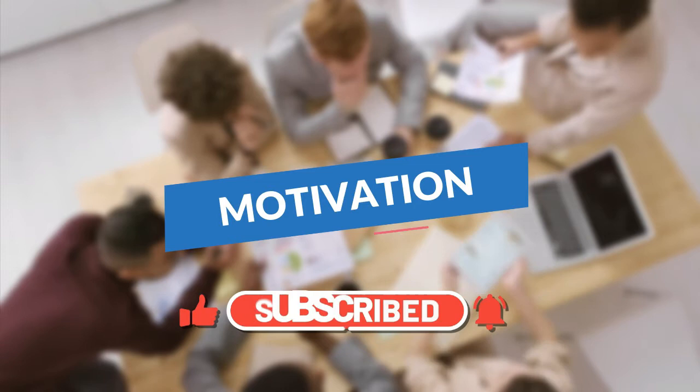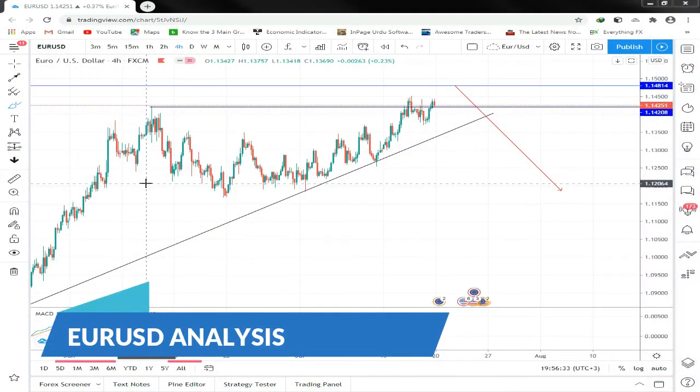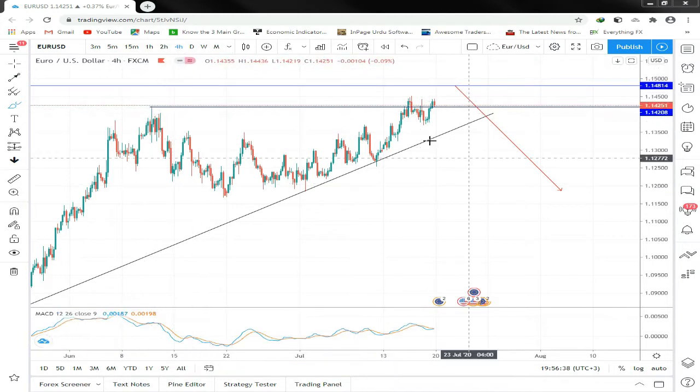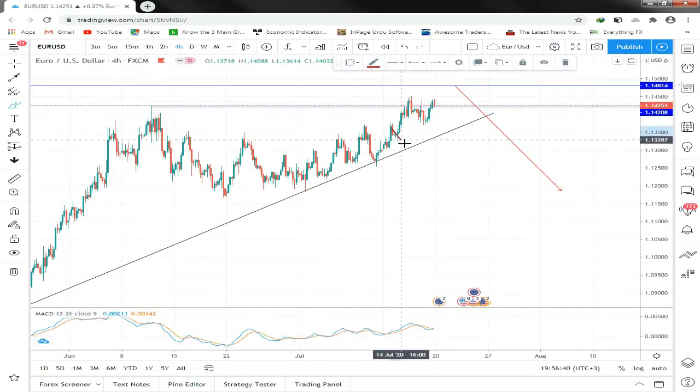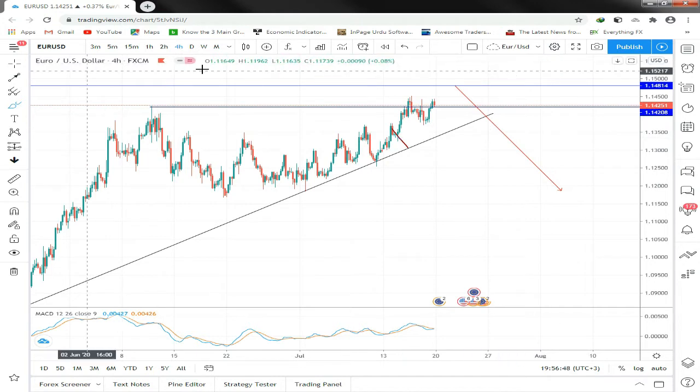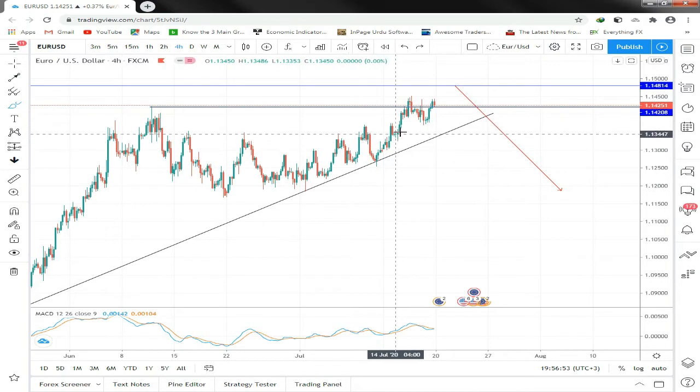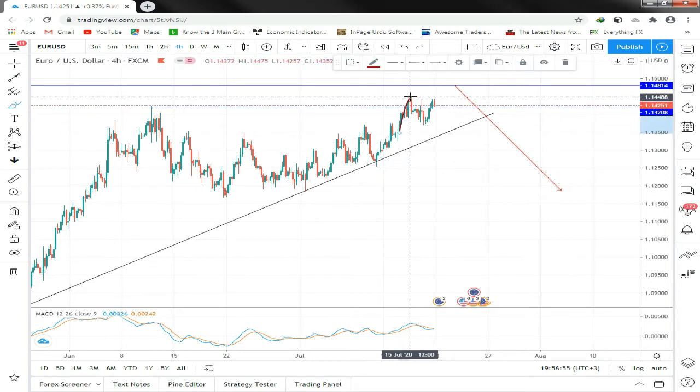So let's start. This is the Euro USD chart. As I told you last week, the price may test this trend line before going upwards, but price was moving without touching the trend line and moved upwards.